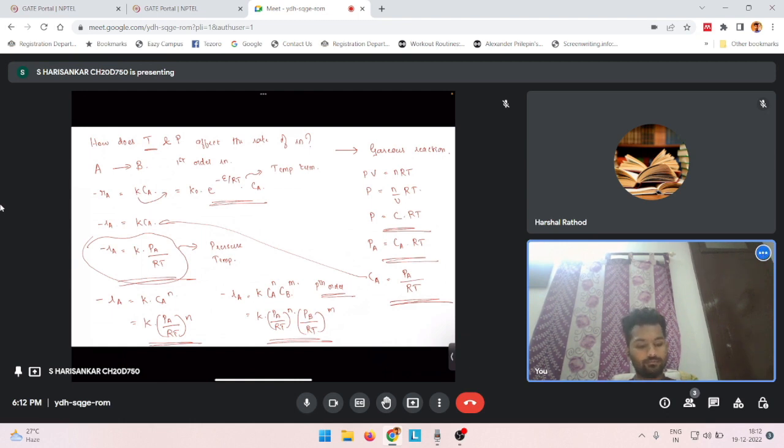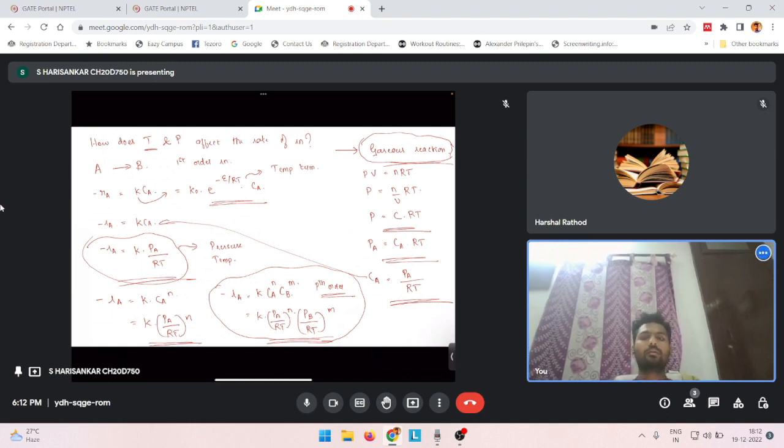Right? So you can represent any order reaction like this, but the assumption here is that it is a gaseous reaction. Only for gaseous reactions can you represent your concentration in terms of partial pressures. For liquid and solid reactions, you can't do this.